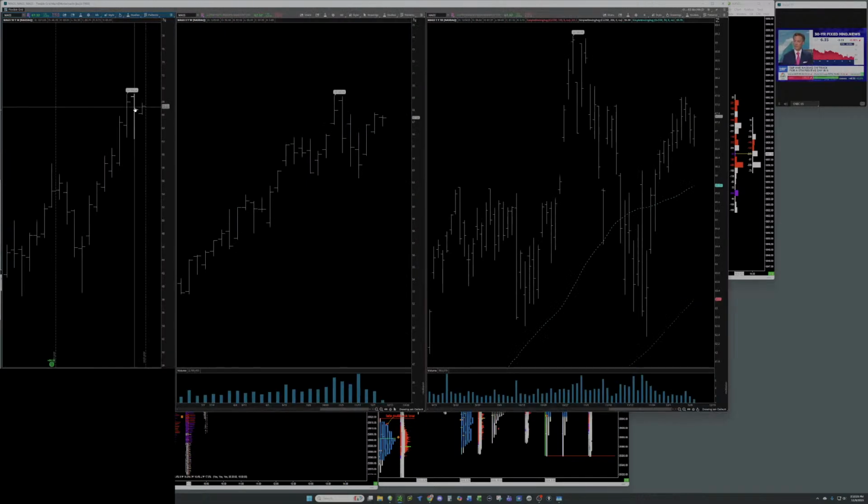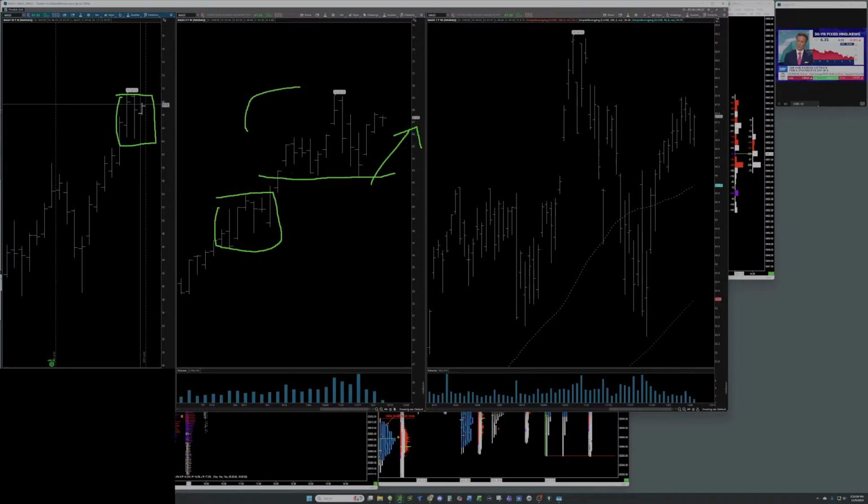The monthly is a range. The weekly is a penny higher, establishing support there. Two ranges here, one up here, another one down here. Doing different things in all time frames.